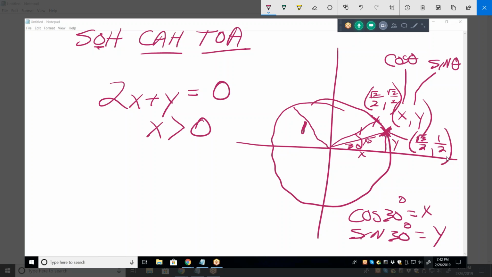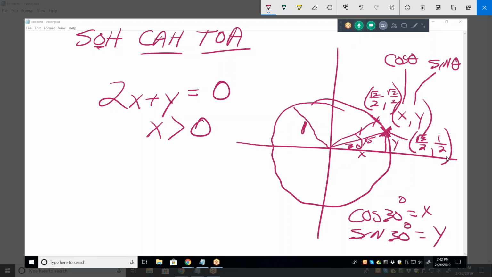So I can go around this whole unit circle and give you the x and y values of all of your common angles. By common angles, I mean those special angles from those two triangles. 30, 45, 60, 90, 120, 135.